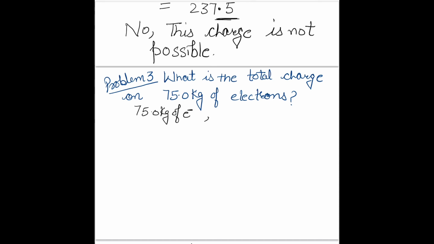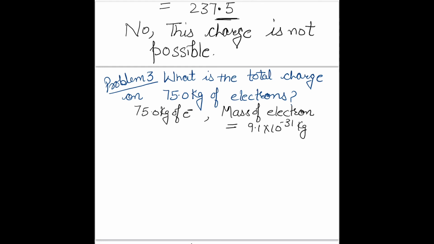And what do you know? You know the mass of one electron, that is 9.1 into 10 raised to the power minus 31 kg, right? So this is the mass of the electron.